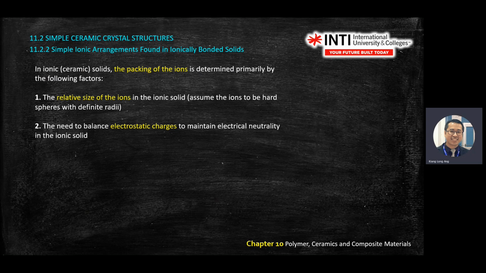Then you need to balance the electrostatic charges because you want to get neutral. There is no positive charge or negative charge. You get 0 charge so that it's stable. Okay, two things: how you arrange the packing of the ions, size and electro charges. These two.